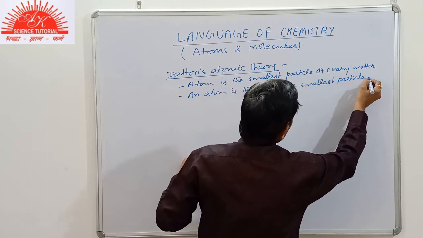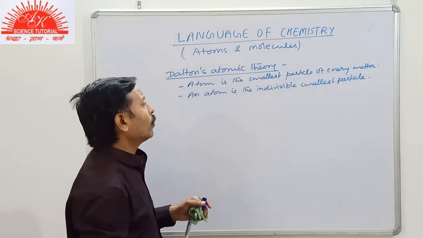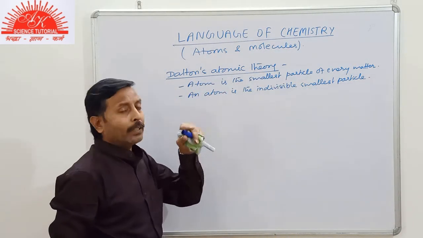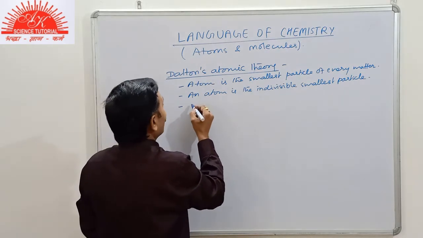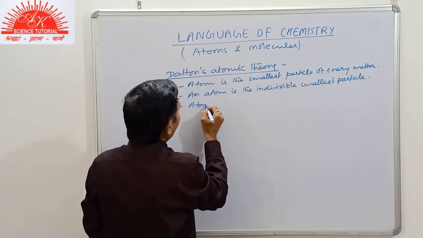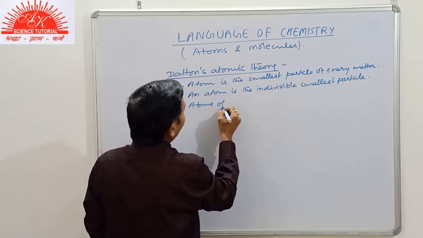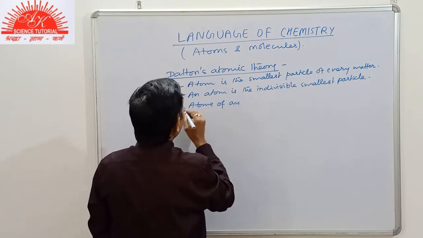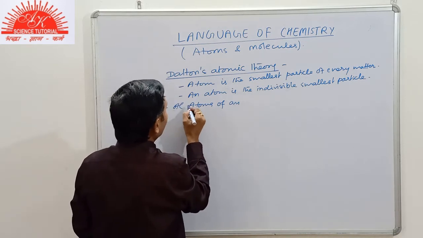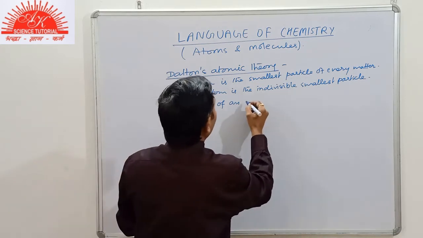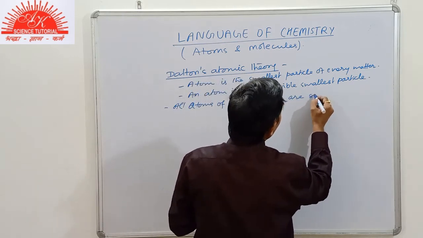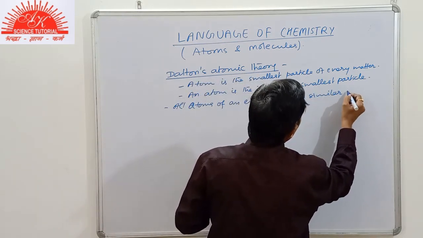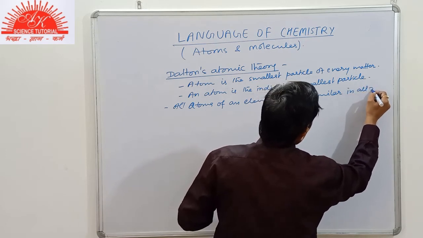But as we know, the discovery of electron, proton and neutron shows that an atom can be further divided. Next, all atoms of an element are similar in all respects.